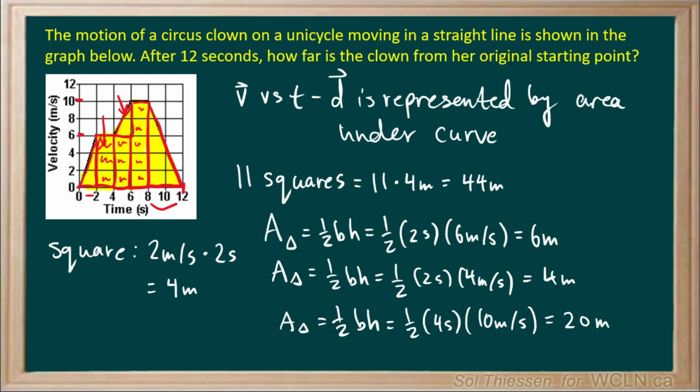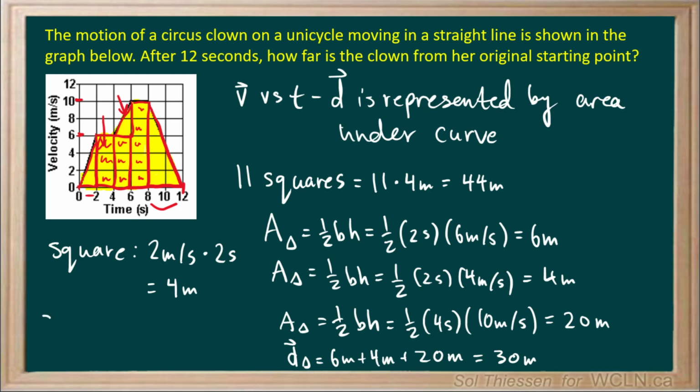So if we add up the displacements due to the triangular portions of the graph, we have 6 meters plus 4 meters plus 20 meters, and this is equal to 30 meters.